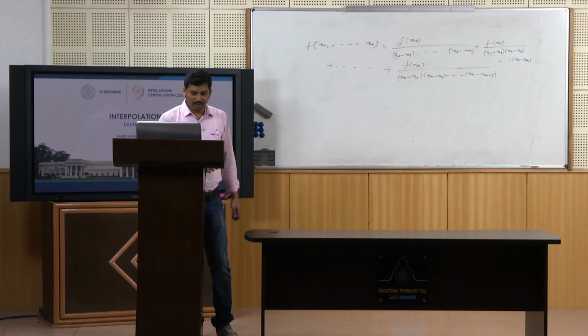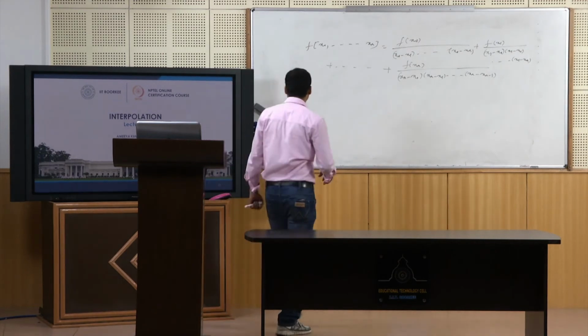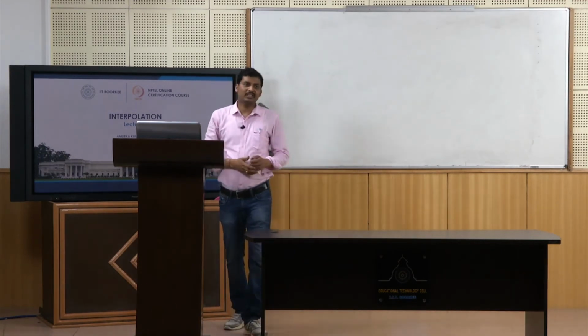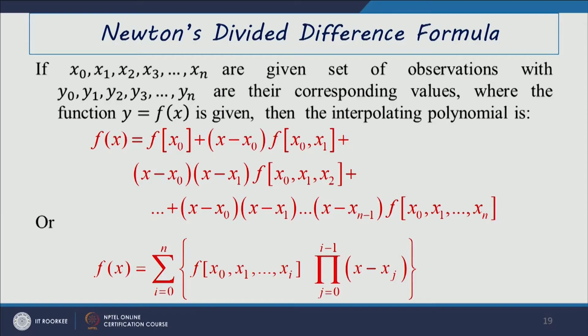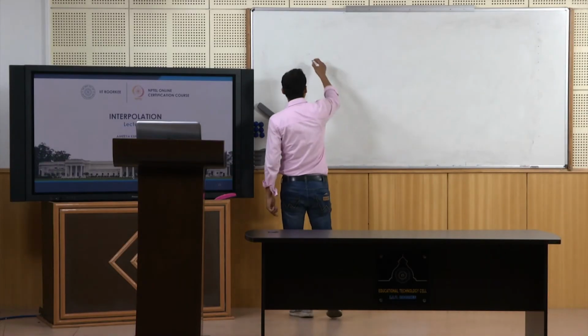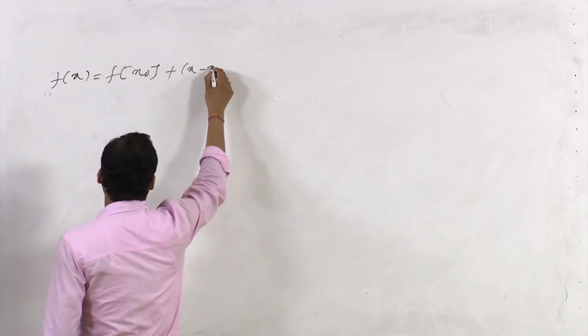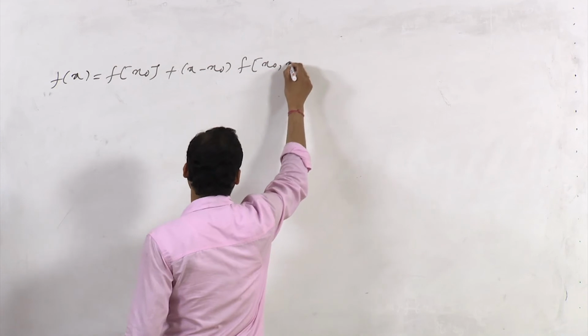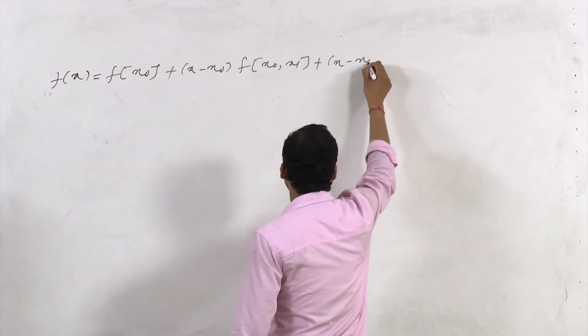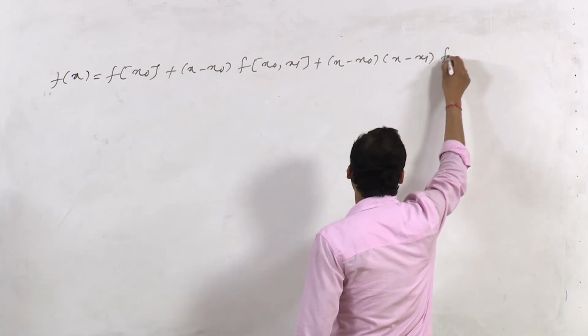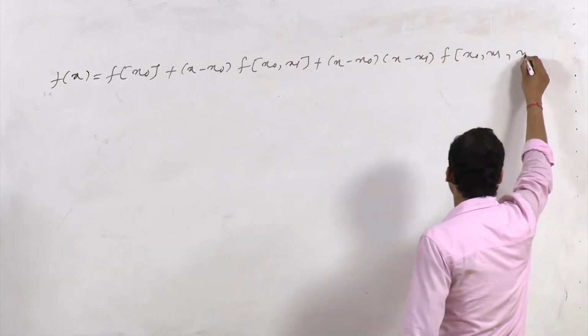So, if we want to prove this formula, Newton's divided difference interpolation formula, the statement is: if x0, x1 to xn are a given set of observations and y0, y1, y2 up to yn are their corresponding values, where the function y equals f of x is given, then the interpolating polynomial is f of x equals f of x0 plus x minus x0 f of x0 x1 plus x minus x0 x minus x1 f of x0 x1 x2.